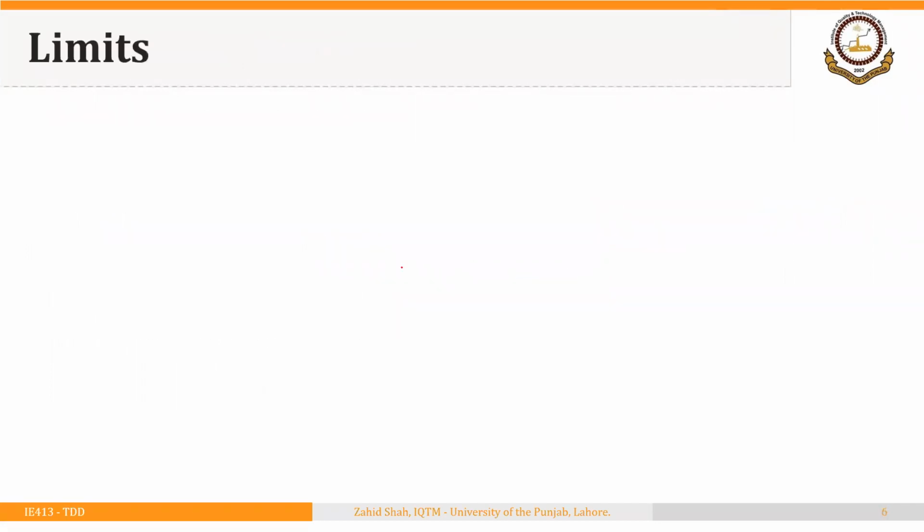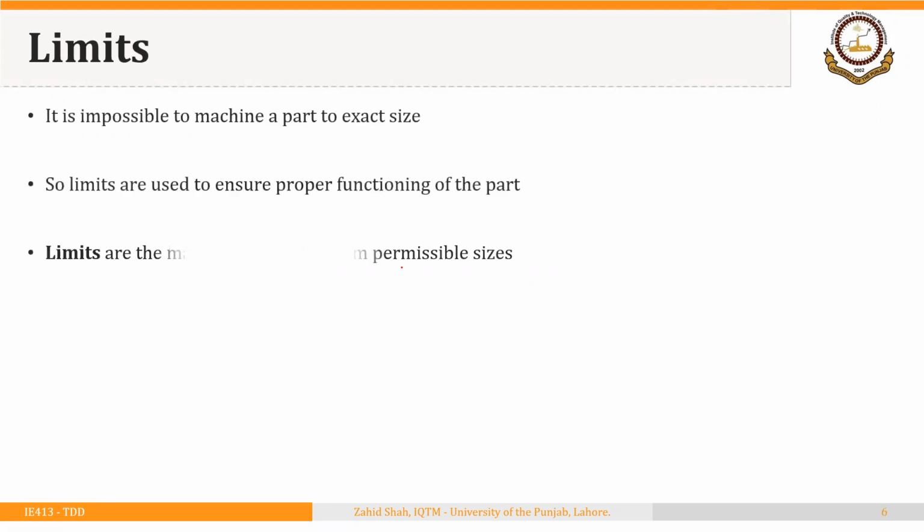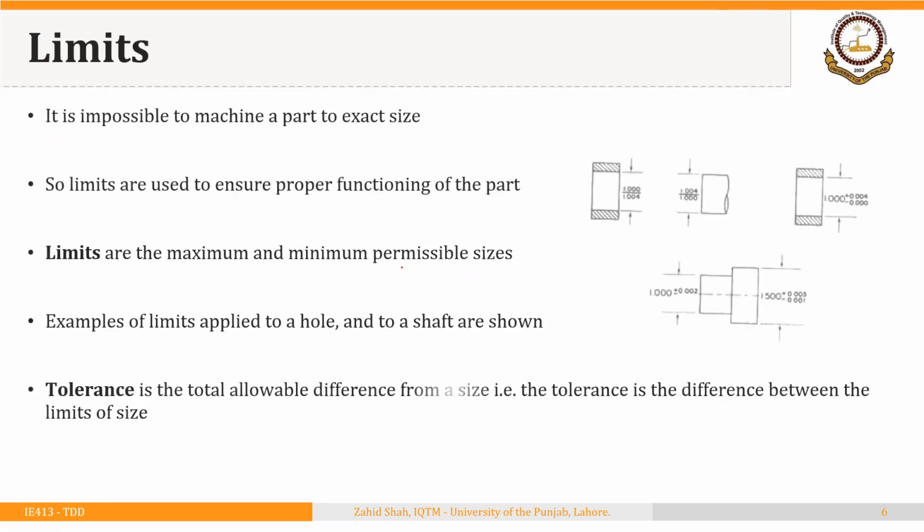So first we will discuss basic terminology, and the most important concept is the concept of limits. So it is impossible to machine a part to exact size. So we apply limits to the size of a part. Now limits are actually the allowed variation in either one or two directions to the size of the part.